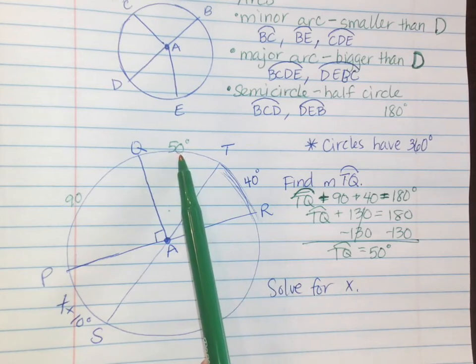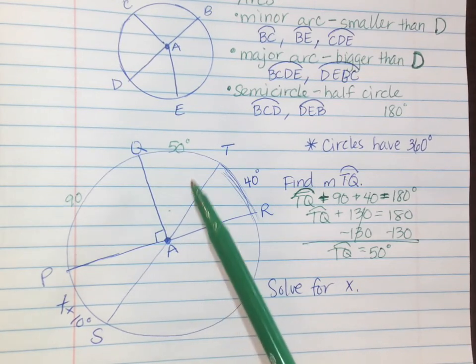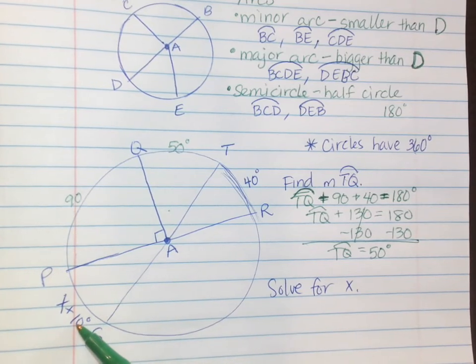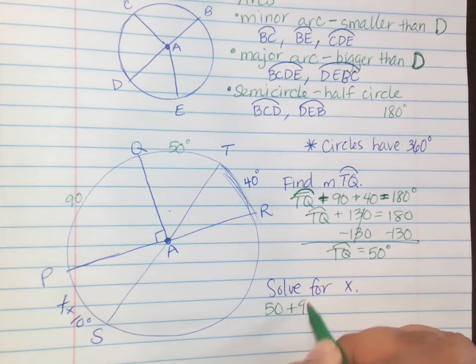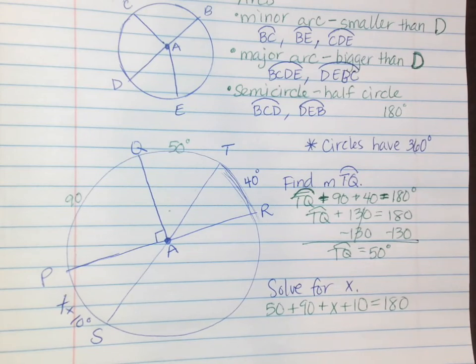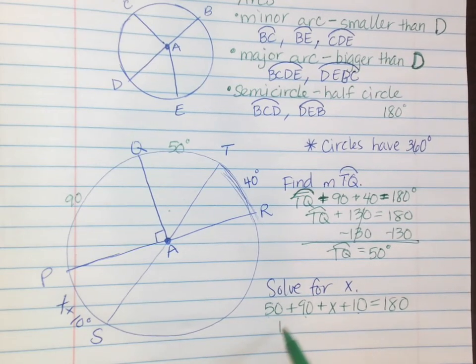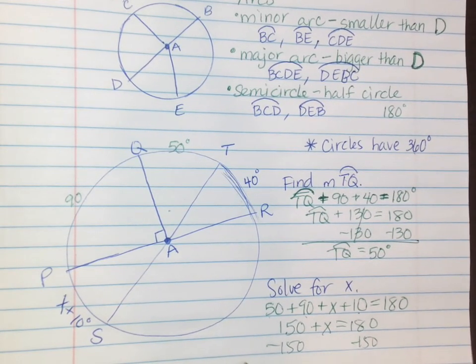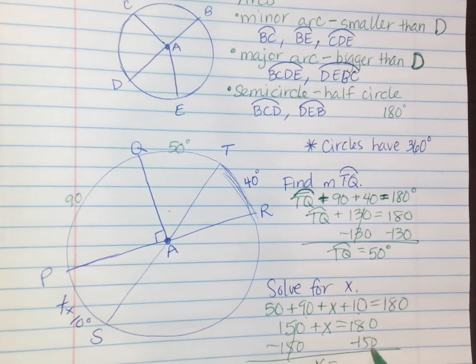We just found this one as 50 degrees, so we can make an equation here. 50 plus 90 plus x plus 10 should be 180. And then just finish solving. So adding like terms, let's see, 10 plus 90 is 100, plus 50 is 150. Subtract 150. X should be 30 degrees.